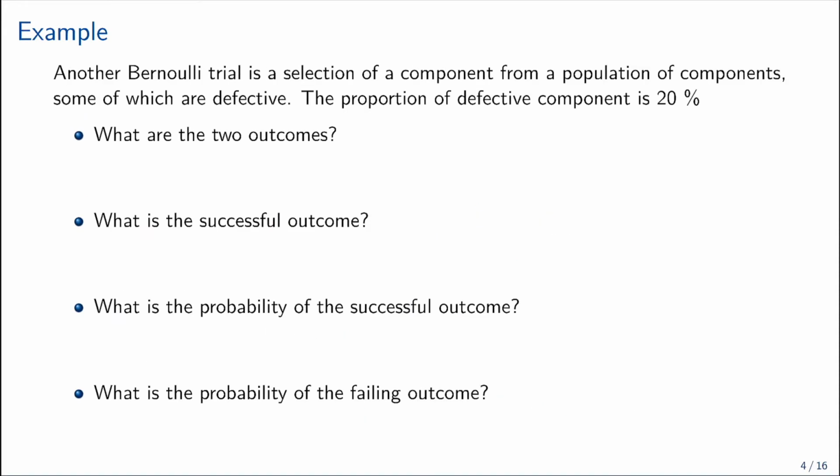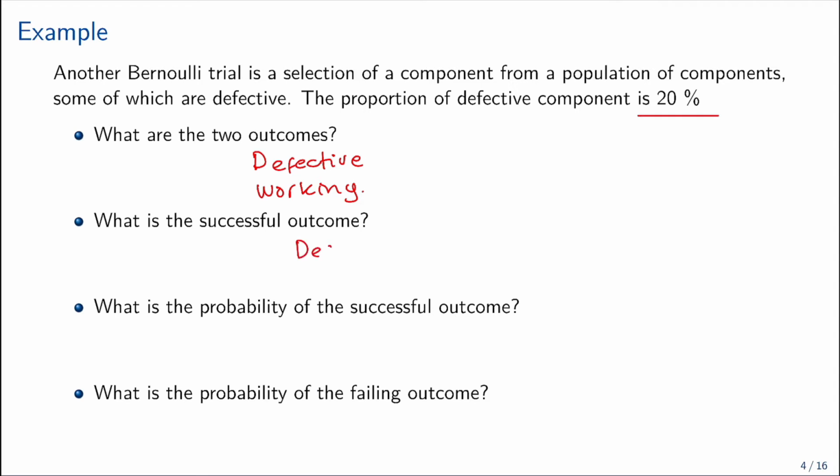Another example. We have a Bernoulli trial that consists of the selection of a component from a population of components, and some of those are defective. The proportion of defective components is 20%. Okay, so we have two possible outcomes. They are either defective or working. Now, which is the successful outcome? We can select any of those as successful.